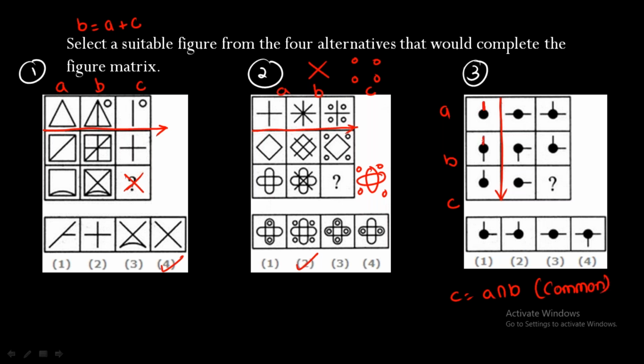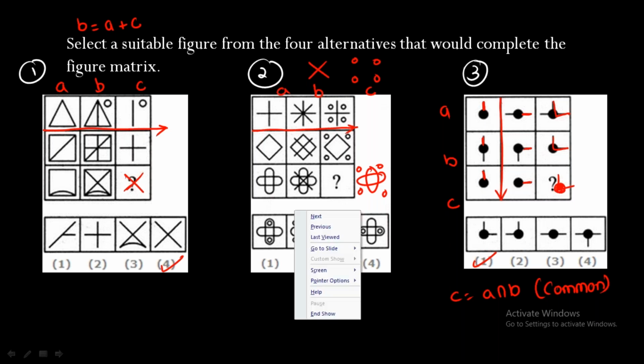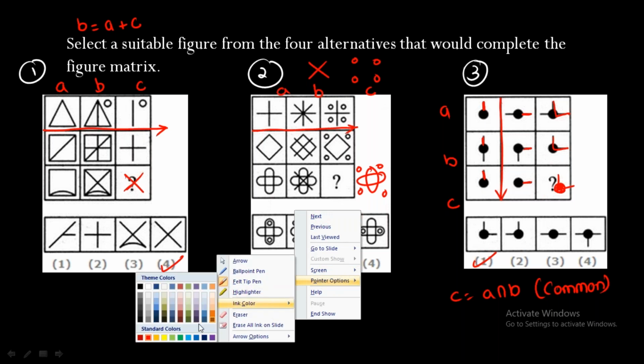So this one common, this one common, this one common. That's why the answer is the part which is common in both. We'll get that common part along with the dot. Dot is available everywhere. I hope you can understand from this. Got it. Excellent, my dear friends.